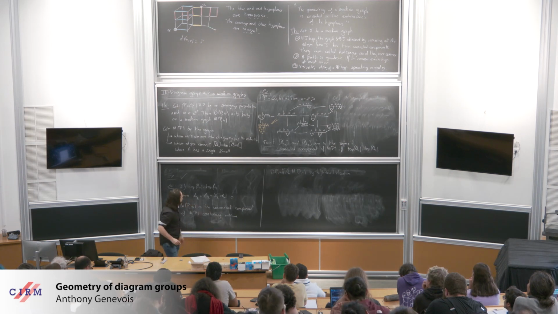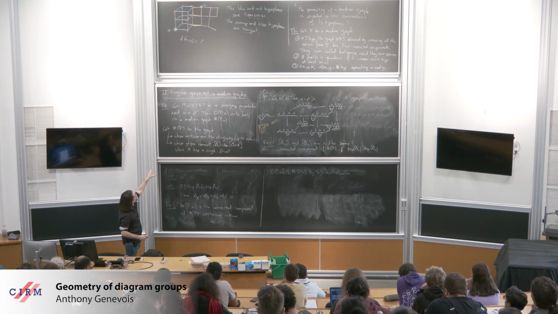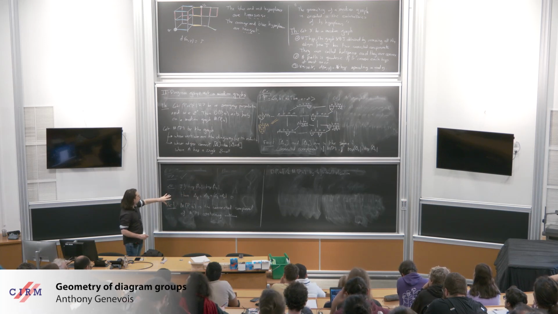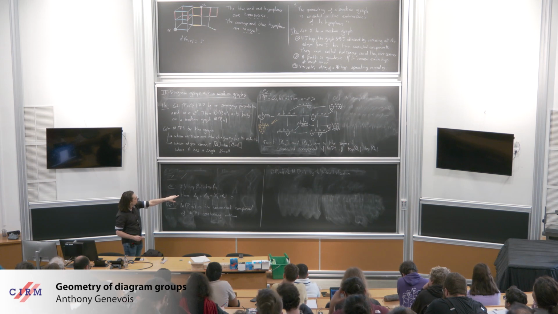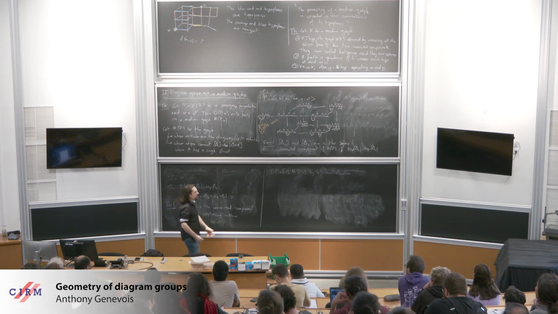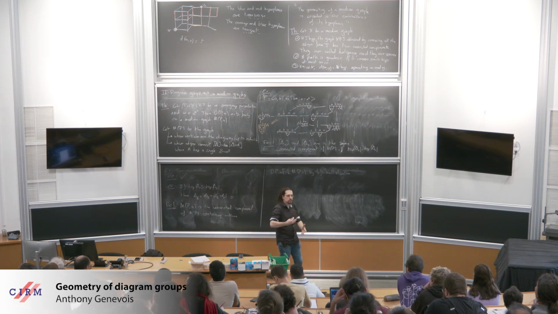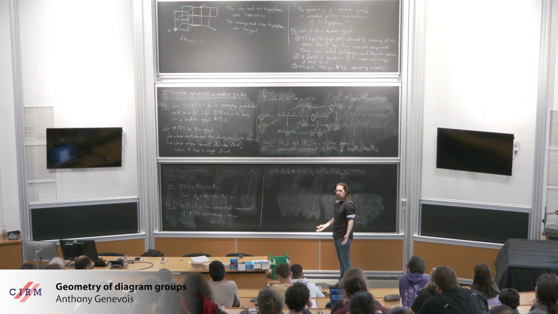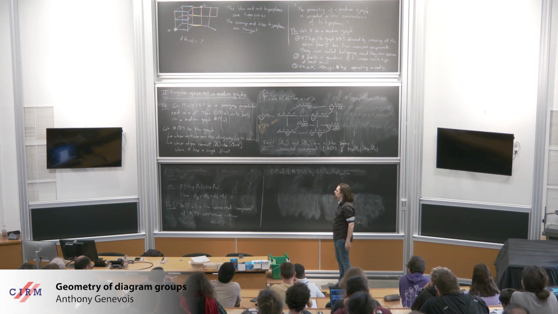I'm not going to justify why this is median, because it requires some work, but it is. So MPW is a median graph. You have an action which is defined exactly by left multiplication, and the action is free. The fact that it is free is for the same reason as in Cayley graphs. You are just acting by left multiplication, so if you fix a vertex, then you must be the trivial element, just by the cancellation property.